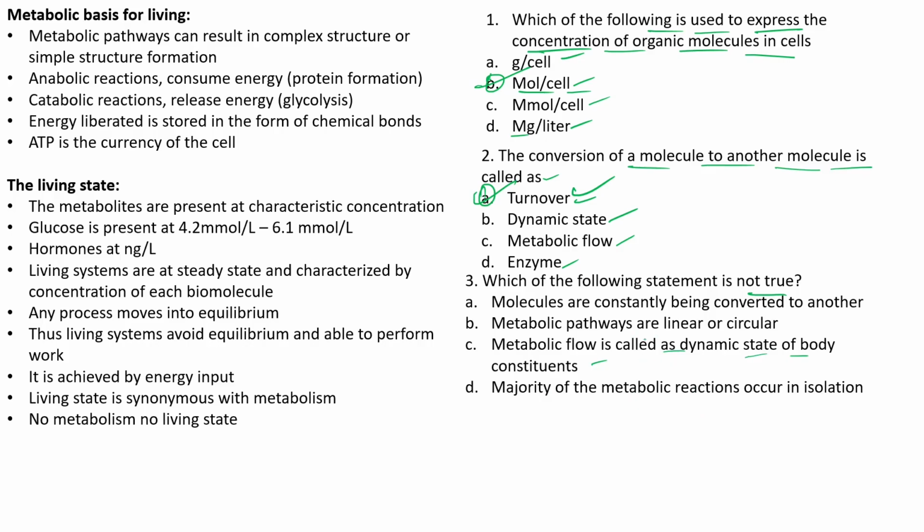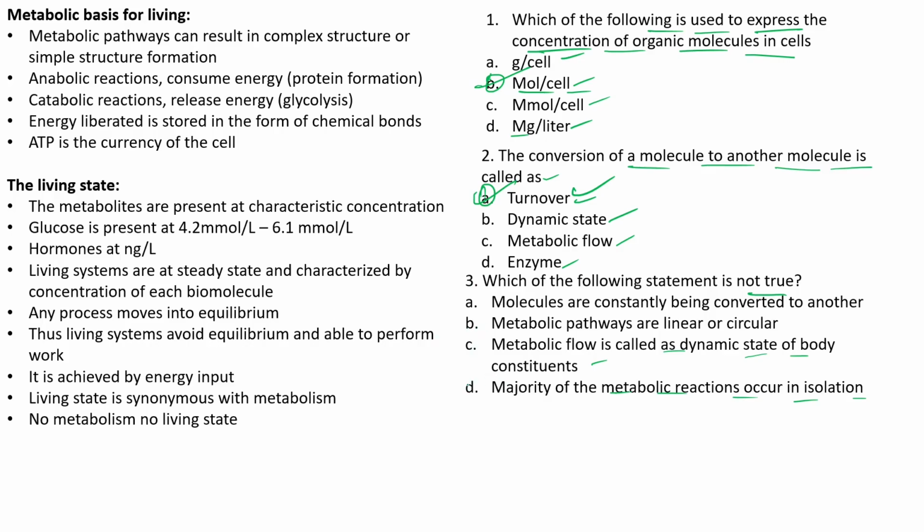If you recall from our previous points, we have seen that none of the metabolic reactions occur in isolation. They never occur alone. They do not occur in the nook and corner of the cell. They always occur in the main ground or the open arena of the cell, that is the cytoplasm. And cytoplasm is the site for all major metabolic reactions, right?